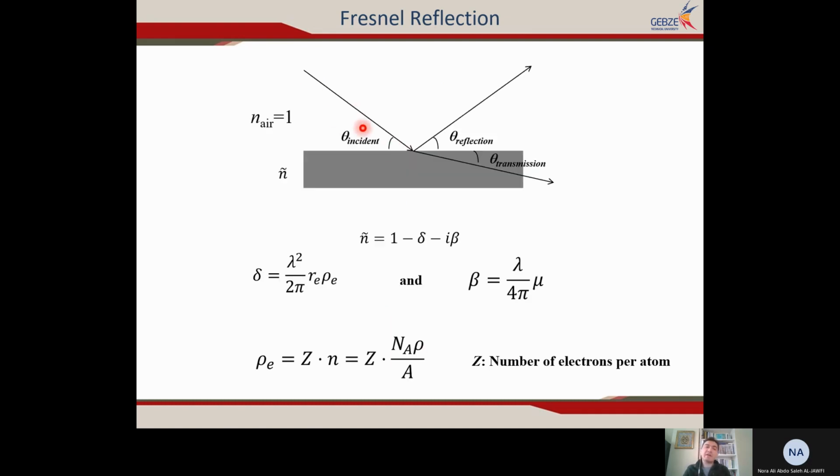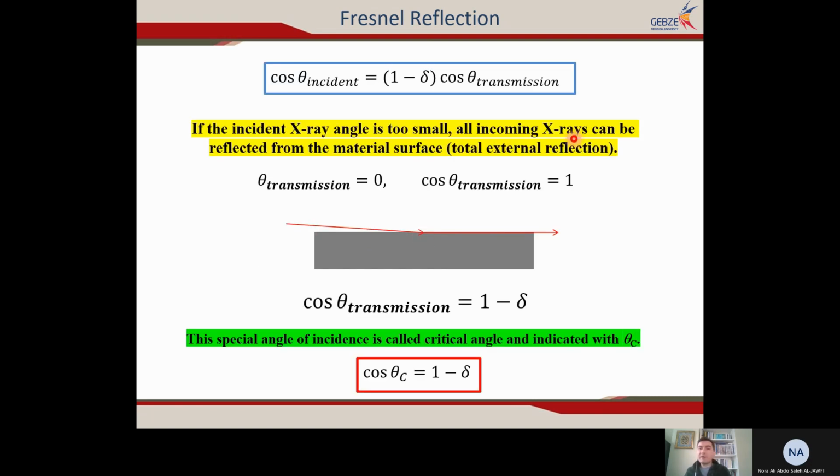If this incident angle is very, very small, then all incoming X-rays can be reflected from the material surface, which is called total external reflection, and no X-ray can enter into the material. In this case, theta transmission is 0. There is no transmission.